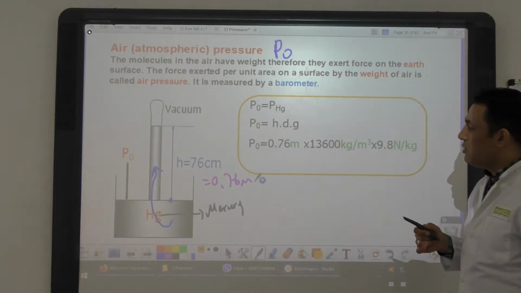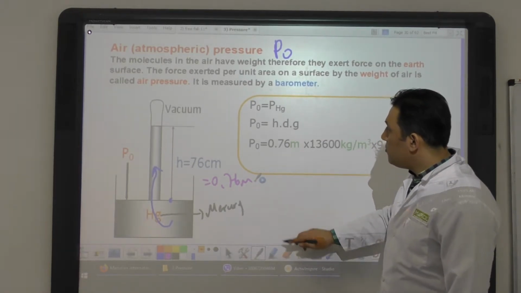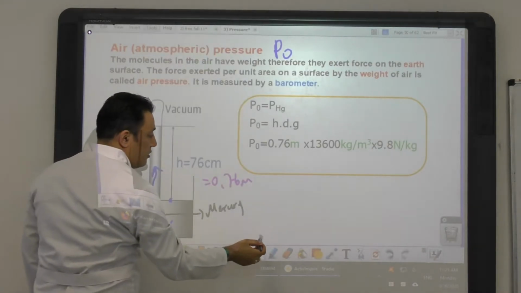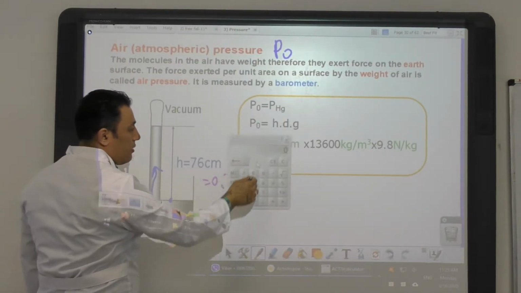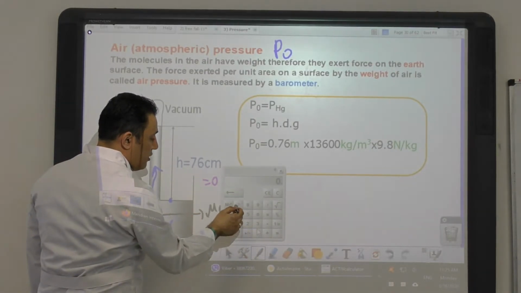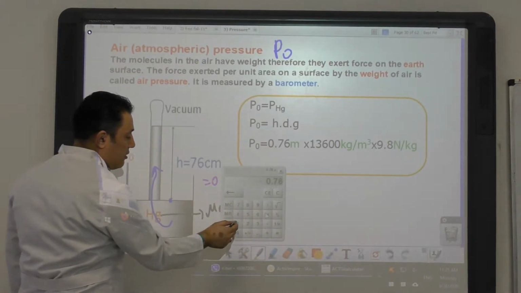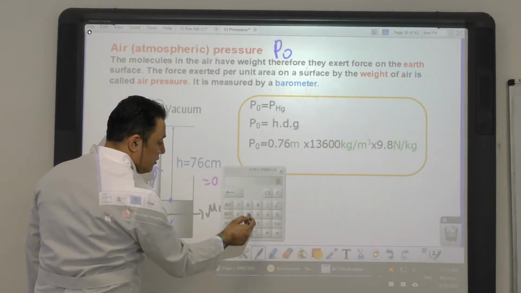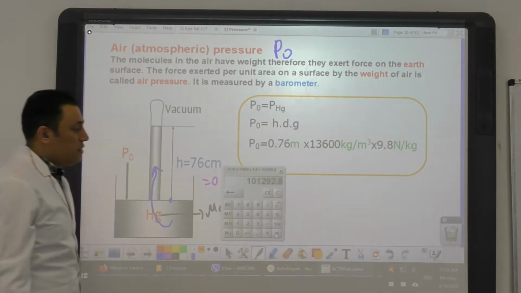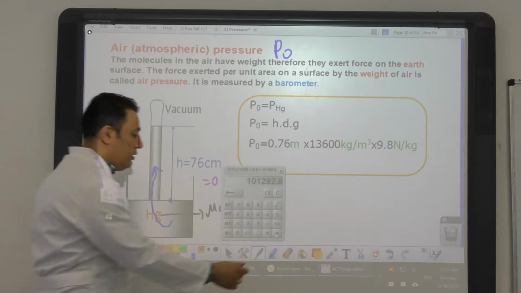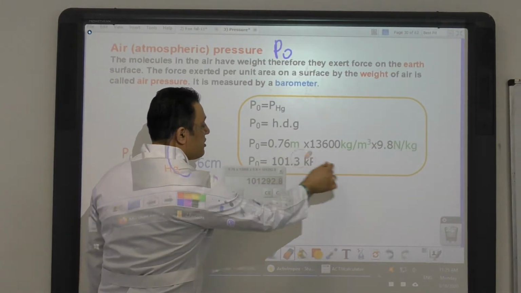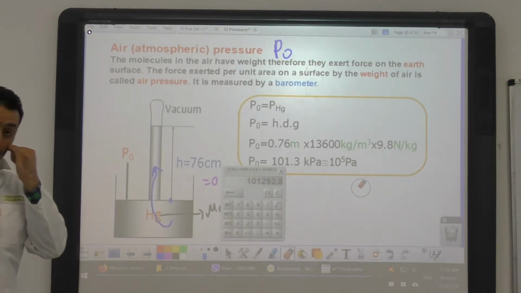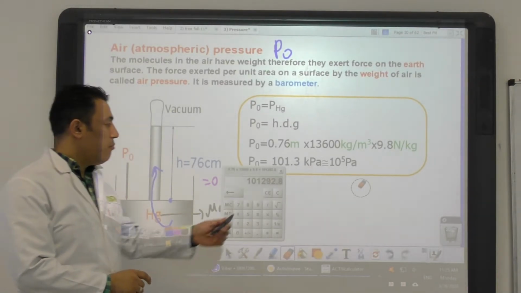Let's multiply them to show you: 0.76 times 13,600 times 9.8. This is approximately equal to 100 kilopascals or 10 to the power of 5 pascals.